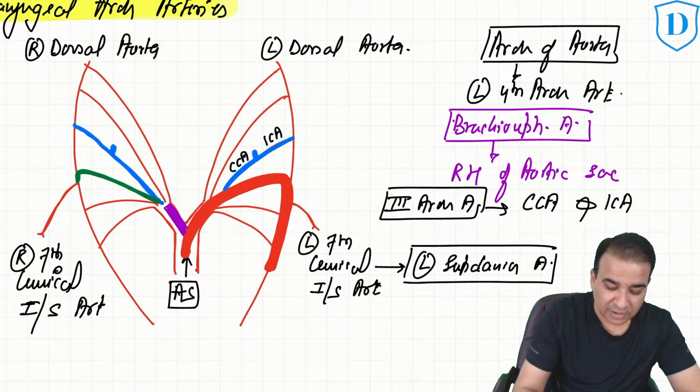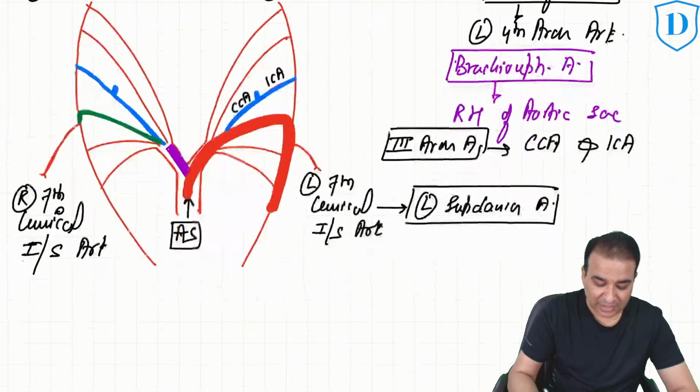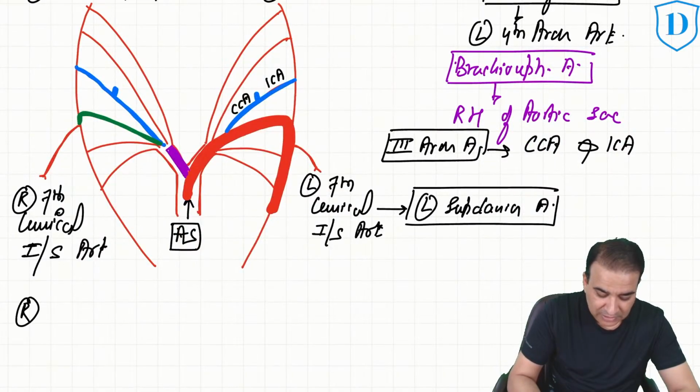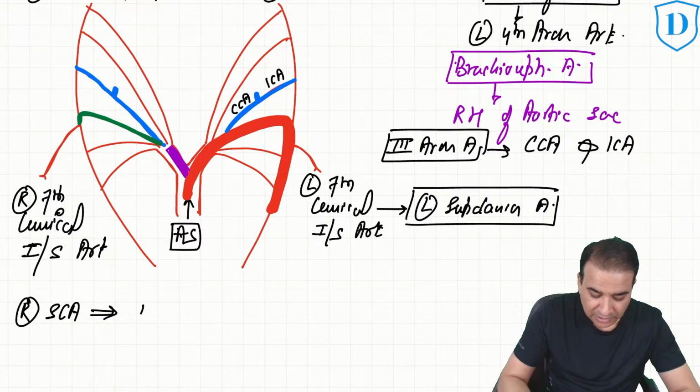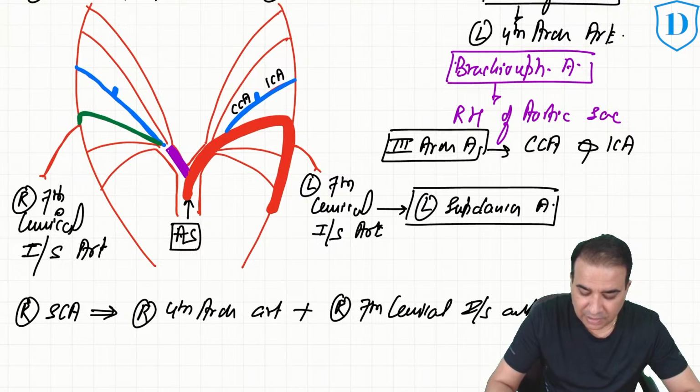So if the question is asked about the formation of the right subclavian artery, the story is different, guys. The right subclavian artery is formed, number one, by the right 4th arch artery, plus the right 7th cervical intersegmental artery.